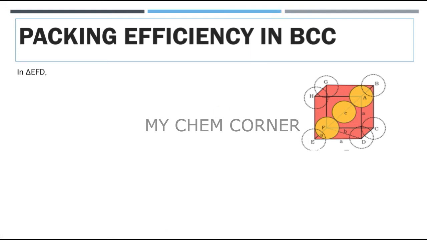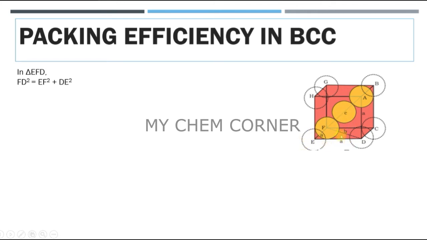So here in this particular triangle EFD, the one that is at the bottom, you're going to apply again the Pythagoras theorem itself. So here if you see, your hypotenuse is this FD. So FD square is equal to ED square plus EF square.